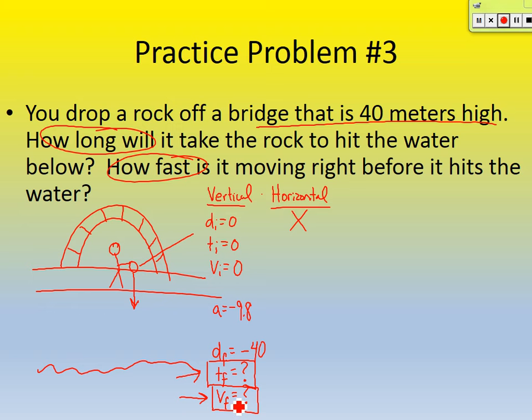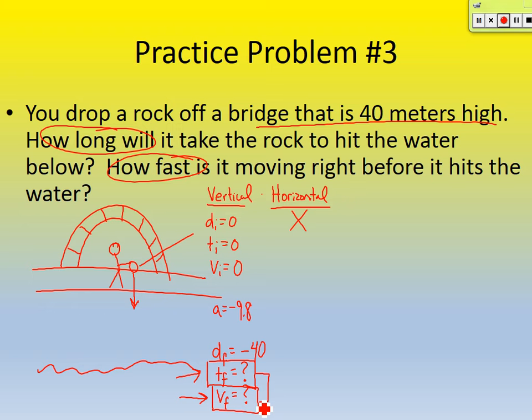We don't. It's equal to velocity initial, which we have, plus a times t, which we have. Now, if you look at equation number 2, it has 2 unknown variables in it. There's no way we can solve equation number 2, so we can cross that one out for this problem.